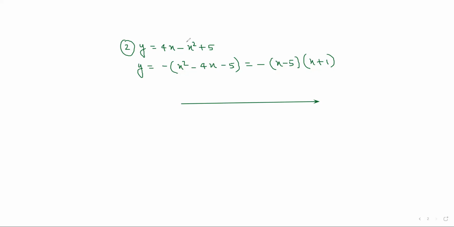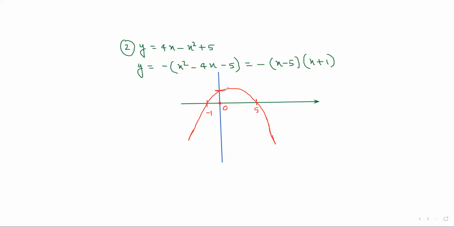So graph is a downward parabola, like this. This is the graph. I think this will be minus 1. This will be 5. This is origin.